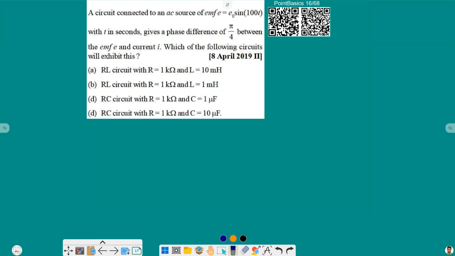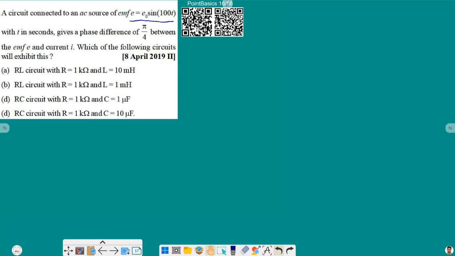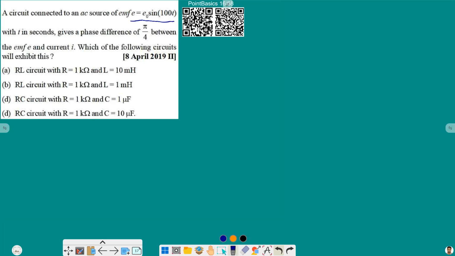Here a circuit connected to an AC source of EMF value is given to us, with t in seconds, that gives a phase difference of π/4 between the EMF and the current. Which of the following circuits exhibits this? It is mentioned that the phase difference is π/4 between the current and the potential.